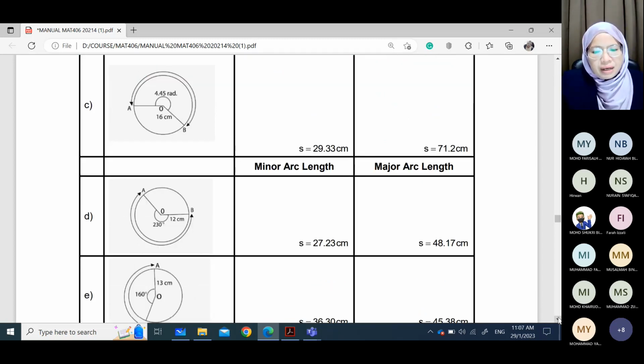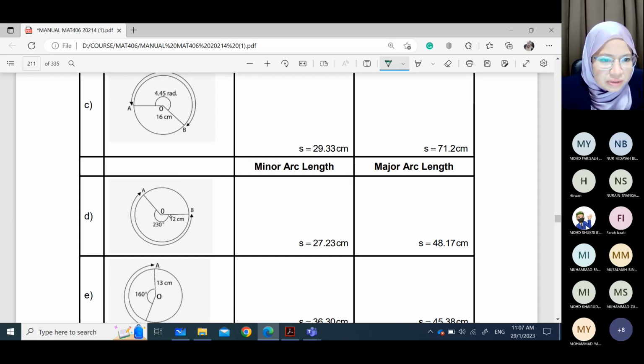Alright, so yang ni kalau minor arc length, dia bagi dalam major kan. So this one we need to convert into radian. Okay, so theta, kita tengok D. Okay, so theta is 230 degrees. So kita convert kepada radian. Okay, so dia akan jadi 230 degrees multiply with pi over 180 degrees.